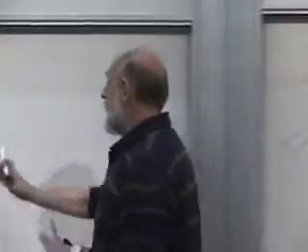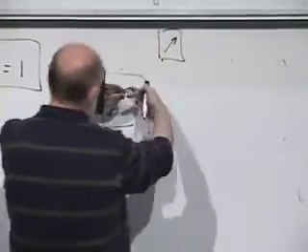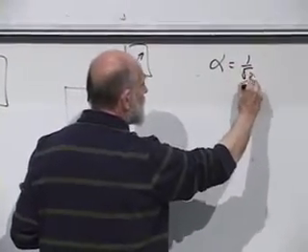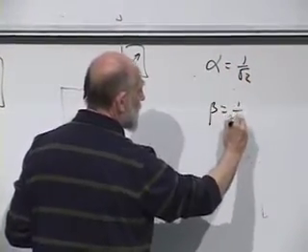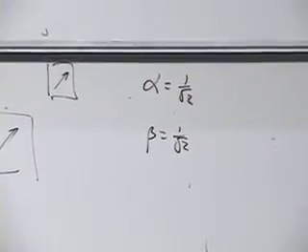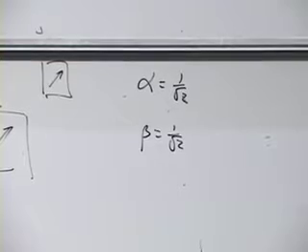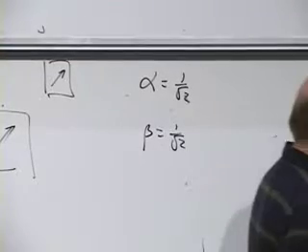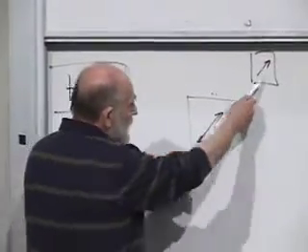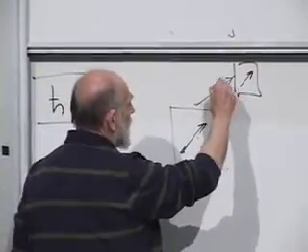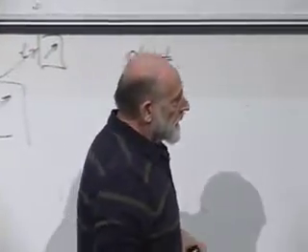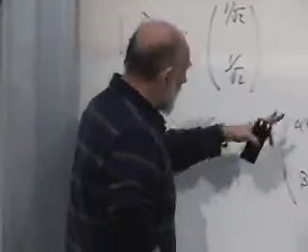So in passing through this polarizer, the photon comes out at the other side with alpha equals 1 over square root of 2 and beta equals 1 over square root of 2. It's just a special case of this, where alpha and beta happen to be both themselves 1 over square root of 2. That's how the photon comes out. Then the photon propagates for a certain time t until it gets to the other polarizer. That's what we have here.